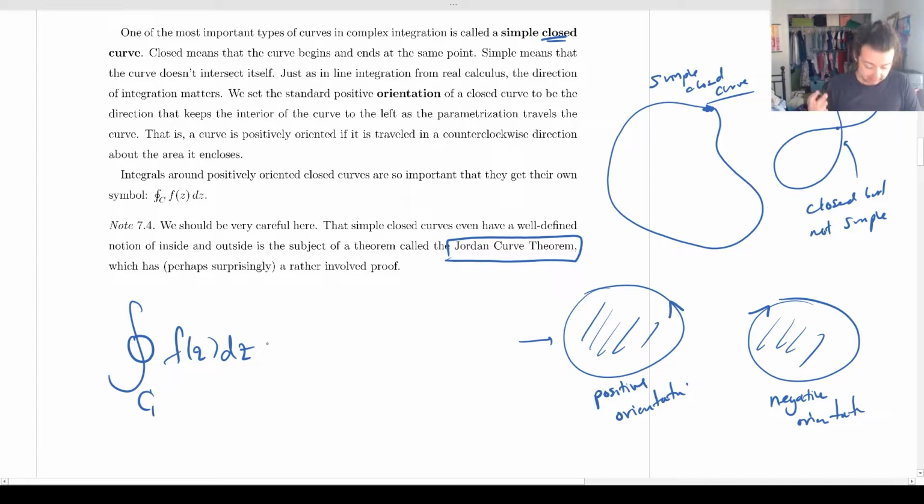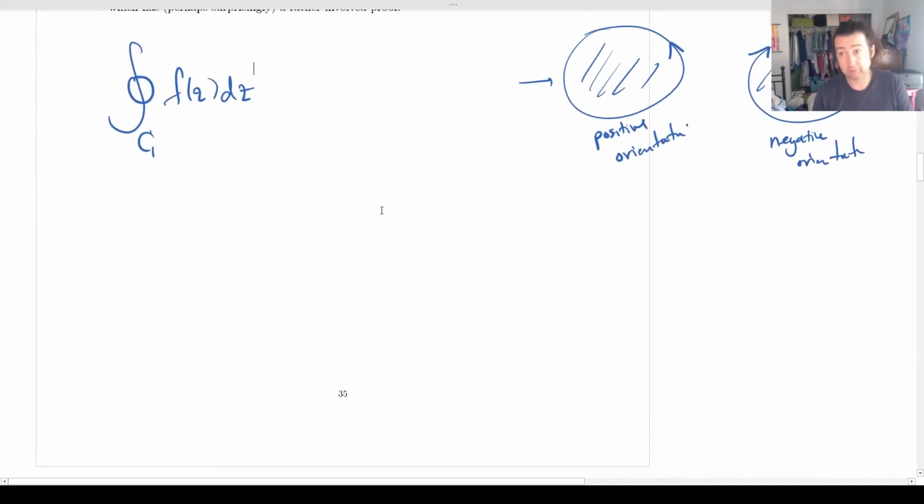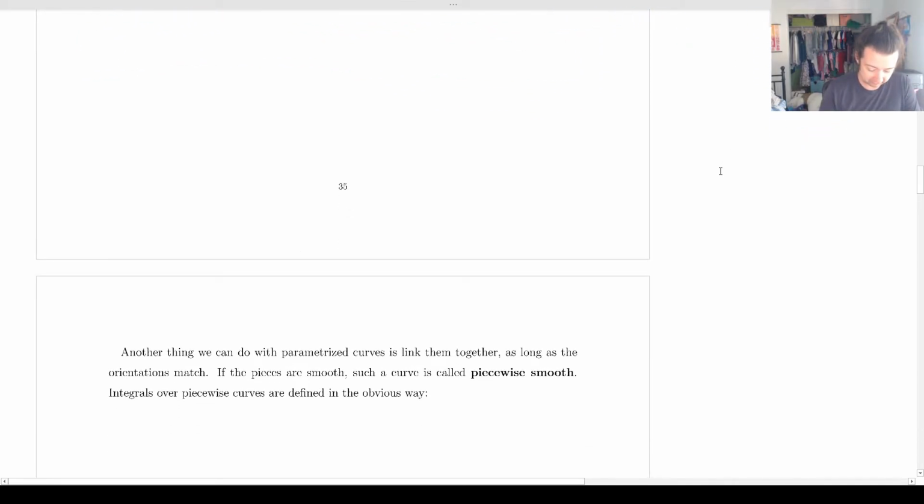Okay. The other thing that we can do with curves is we can link them together into curves that are called piecewise. So it's also possible to have a closed curve so that the pieces of the curve are smooth, but maybe there's corners where they join up together. So another example of a simple closed curve would be what's called a piecewise smooth simple closed curve.